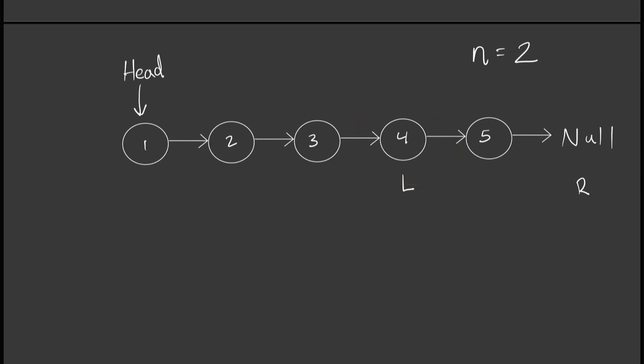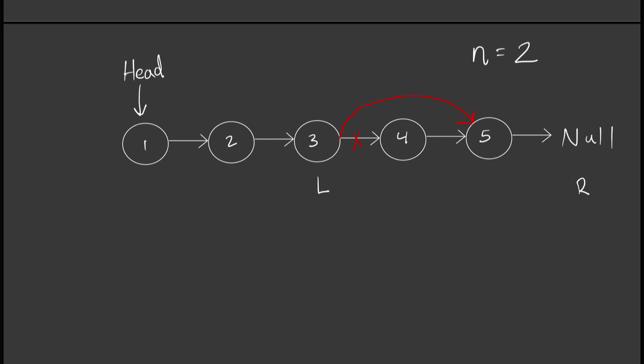But the problem here with a linked list is that you can't actually delete the node by having access to the node. You need to have access to the node right before it. So how we delete it is that we reassign the pointer to the node after that.